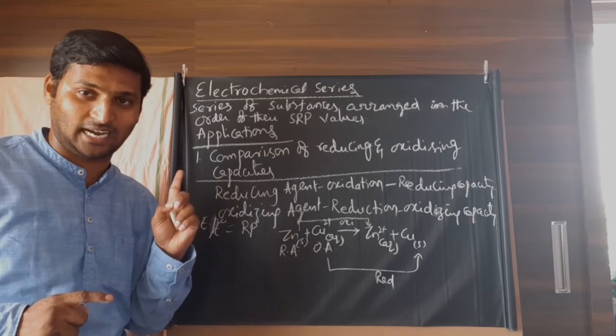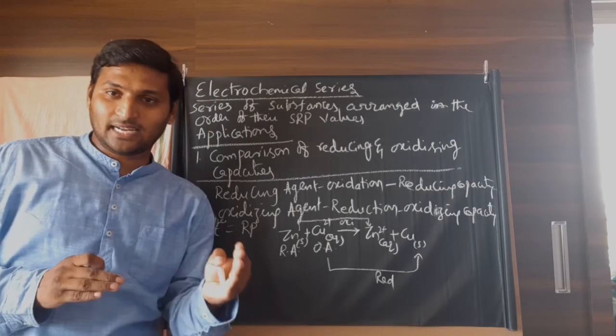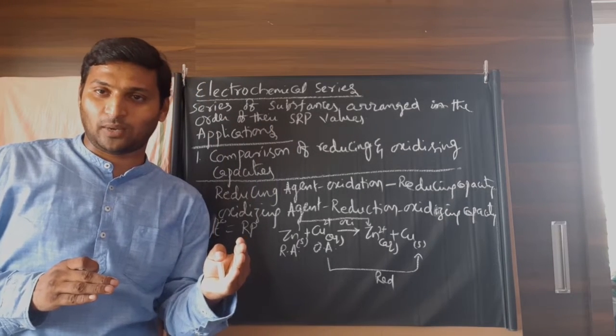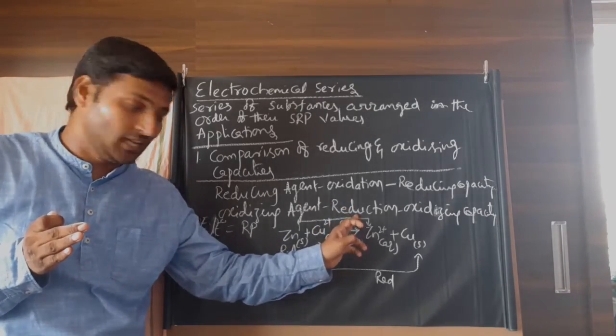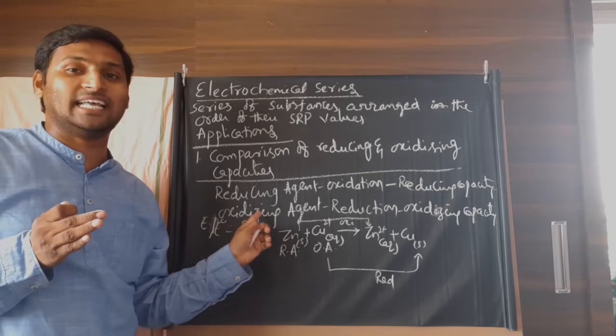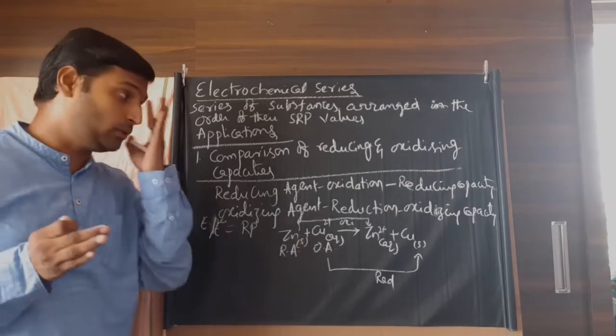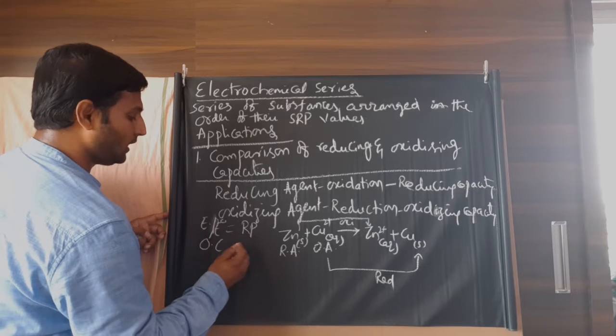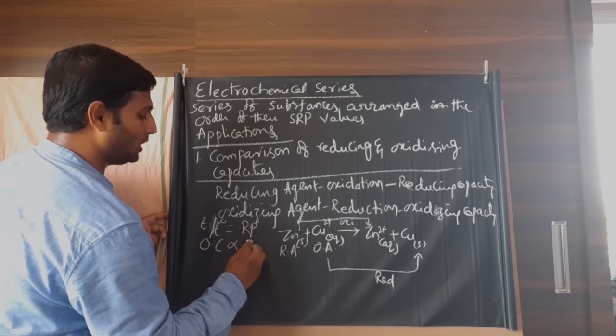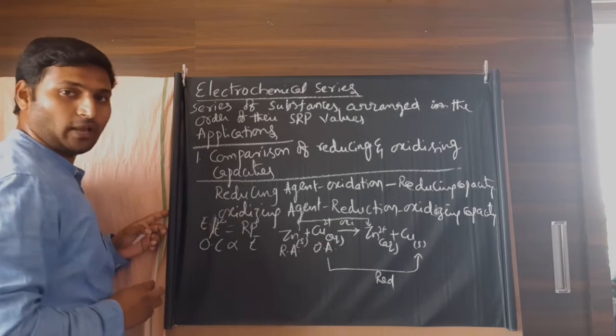So please understand, higher the reduction potential value or electrode potential value, greater will be the tendency to undergo reduction, so more is its oxidizing capacity. So, oxidizing capacity is directly proportional to the electrode potential value.